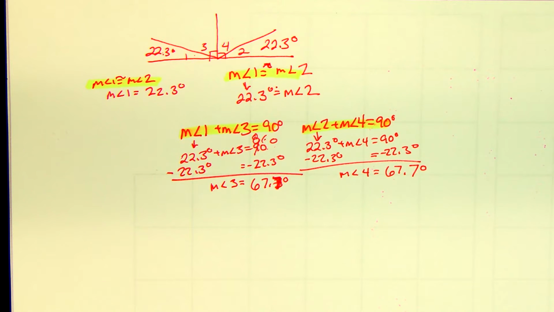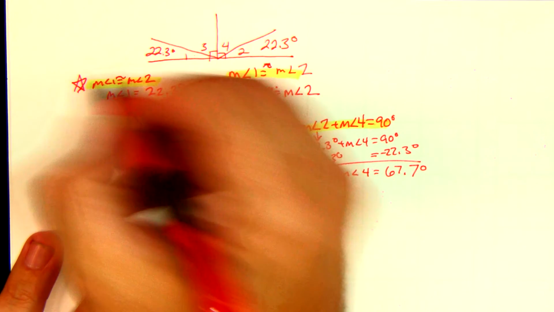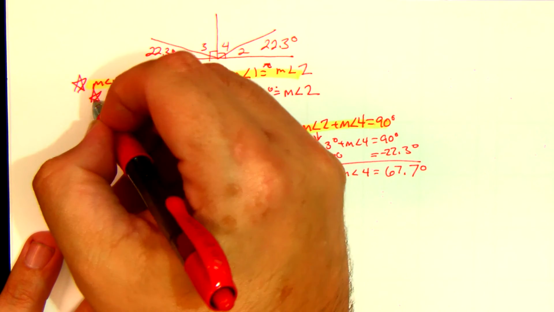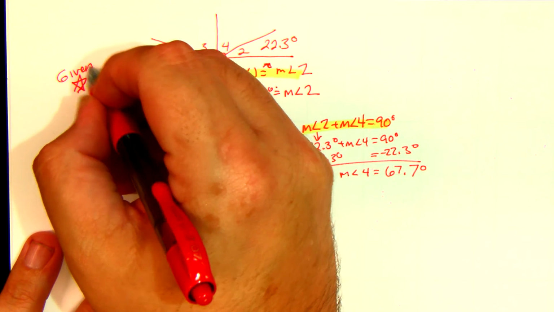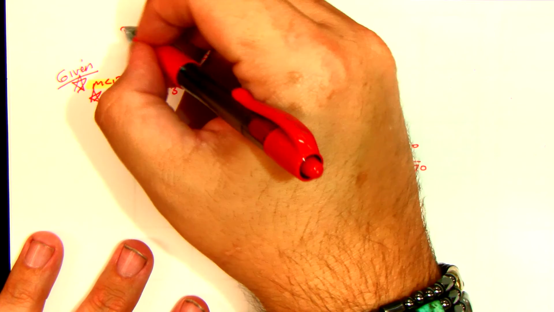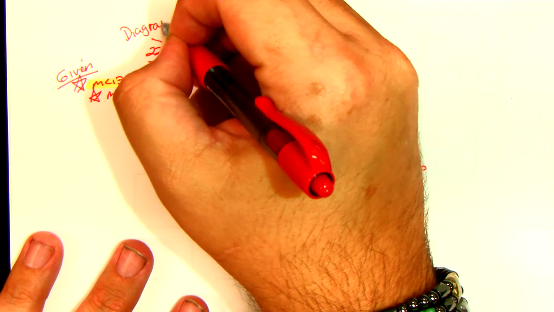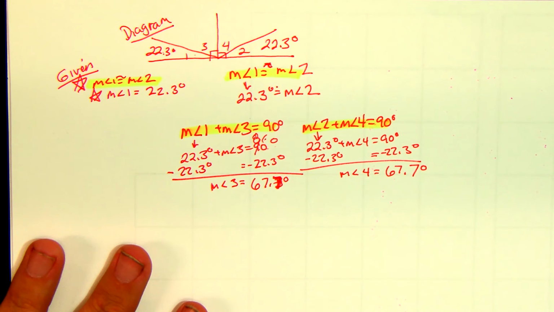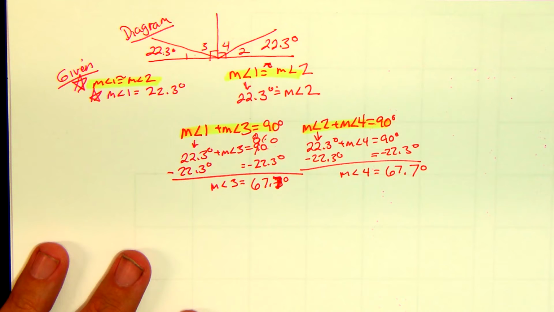Now, the key to solving these problems is to start with what you're given, which is right here. That's what you're given. Draw your diagram. If you look over on the board over there, it says read and understand, then draw your diagram and label everything, and we did label everything.